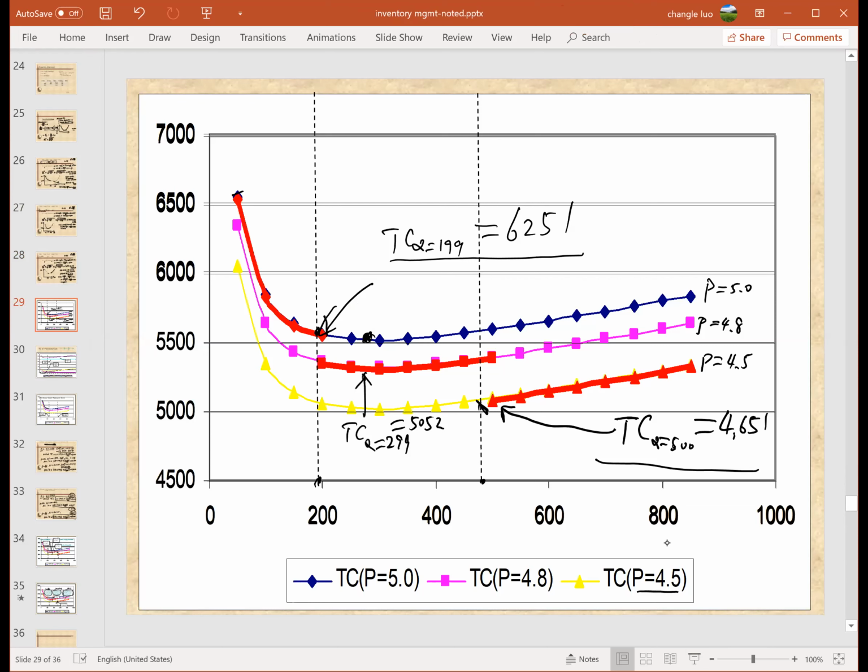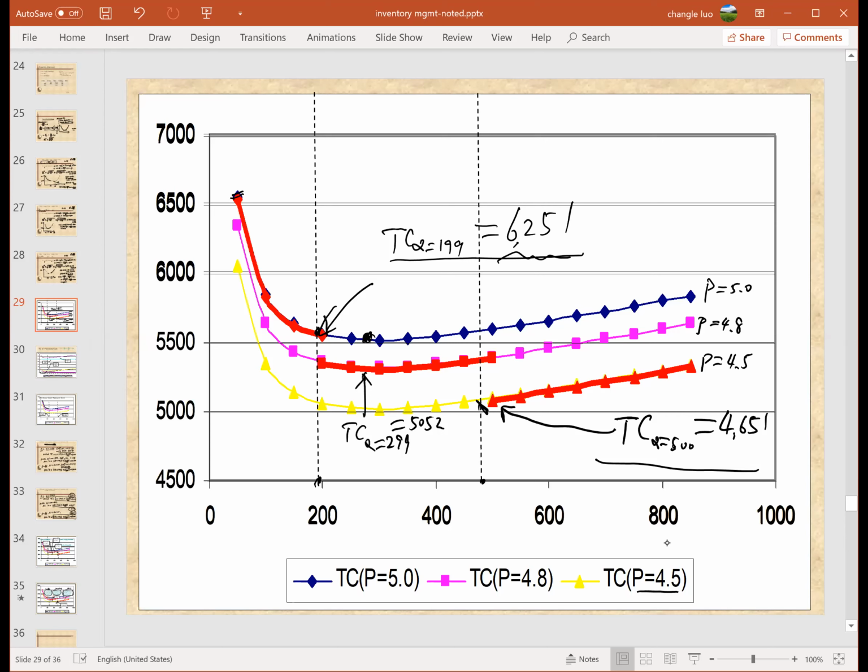Now we can achieve three different kinds of total costs. For the quantity range between 1 and 199, the minimal total cost we can achieve is $6,251 when Q equals to 199.